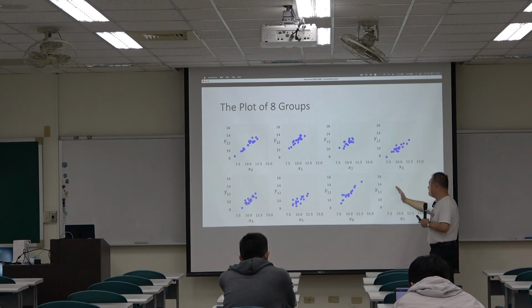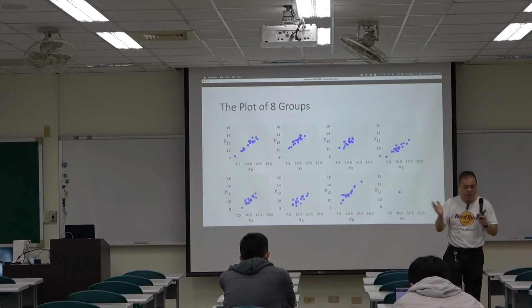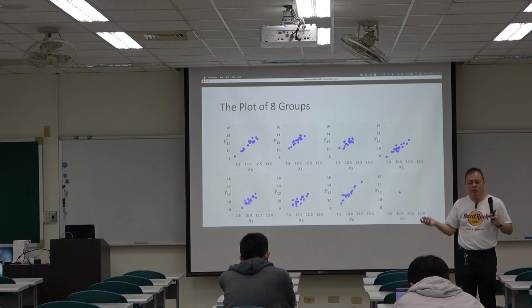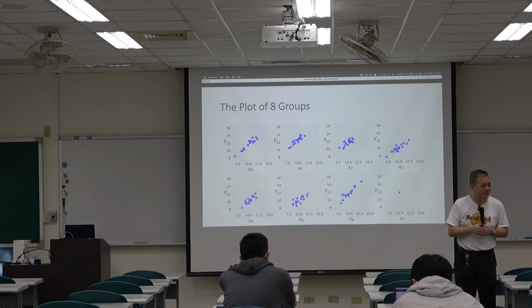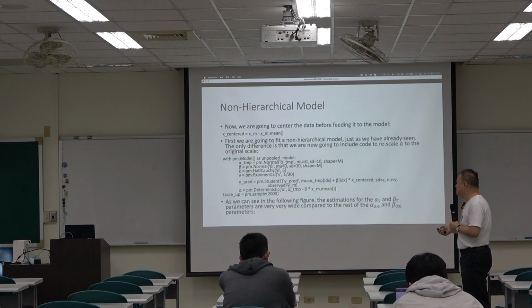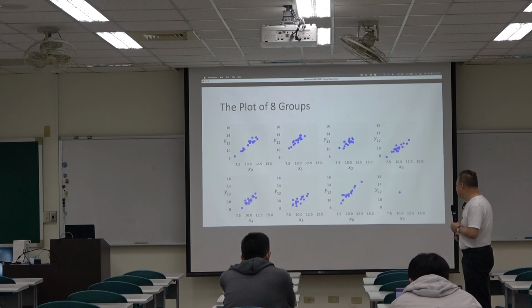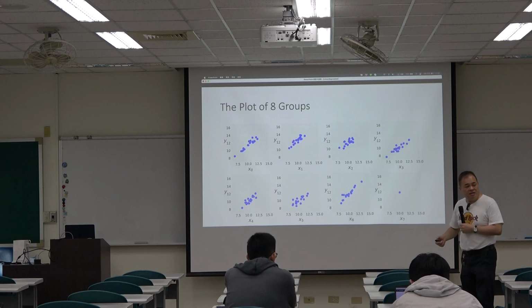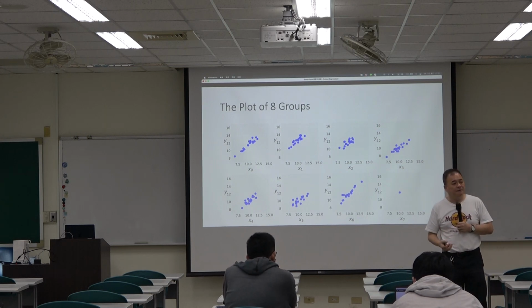The intercept and slope for that line could range very widely. So that's the issue, but that's the result of one single point. That's the result of the data.